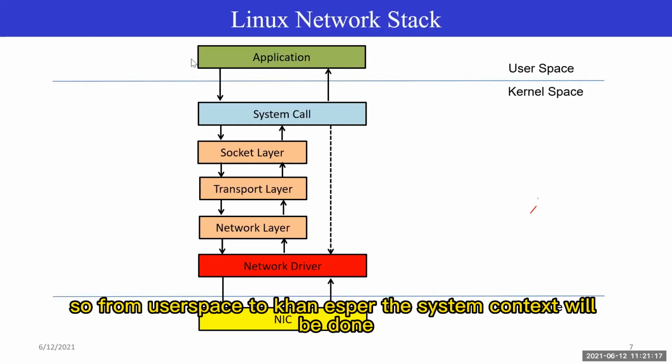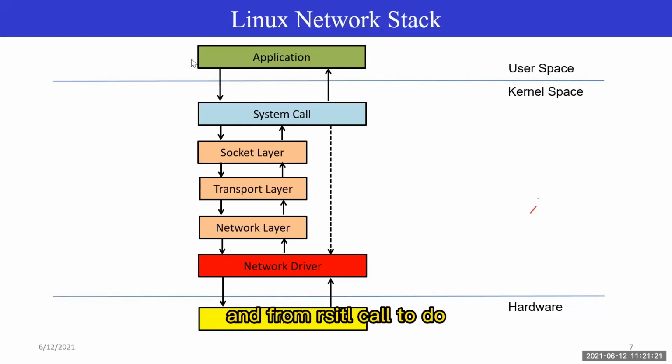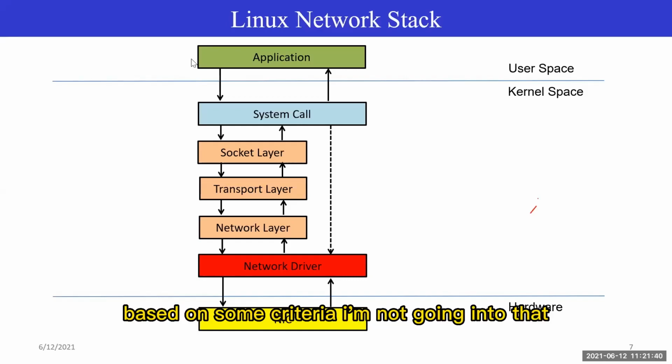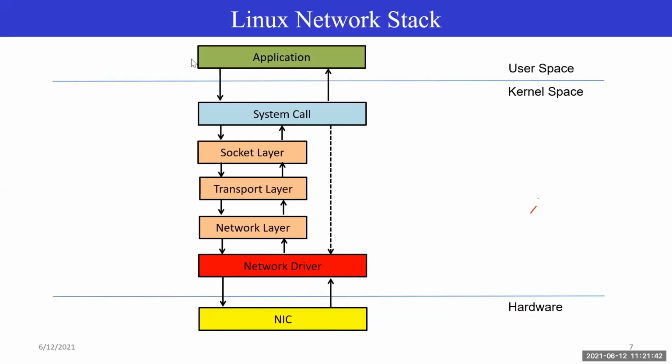From user space to kernel space, the context switch will be done, and from the IOCTL call, do_ioctl will be invoked, and that will decide whether the information needs to be sent to the network stack or to another subsystem of the kernel, based on some criteria. I'm not going into that.